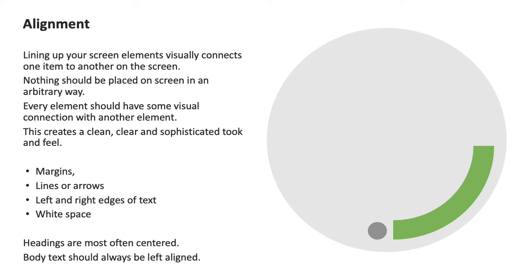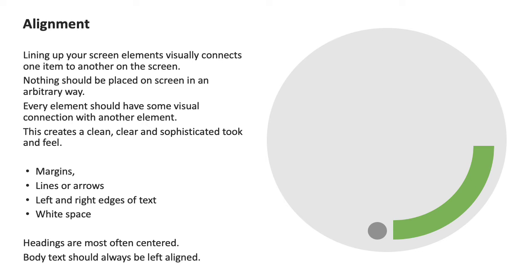However, typically it's easier to understand and see things if they are in pretty close vertical and horizontal alignment. So alignment lines things up, which connects things visually, which adds meaning, means these things are connected, and lets the eye flow easily from one thing to the next.